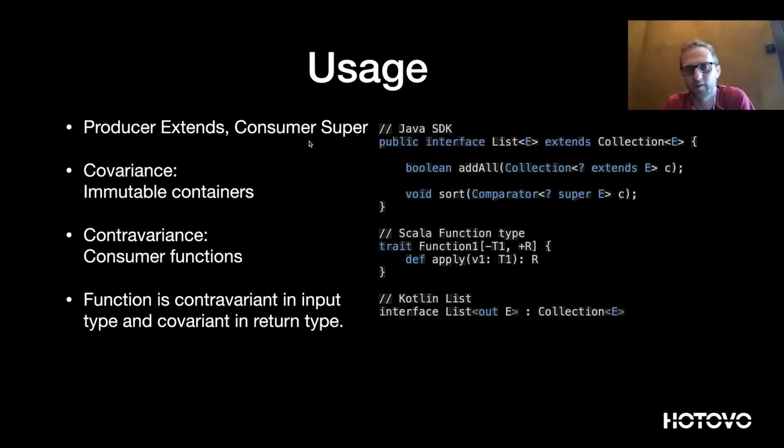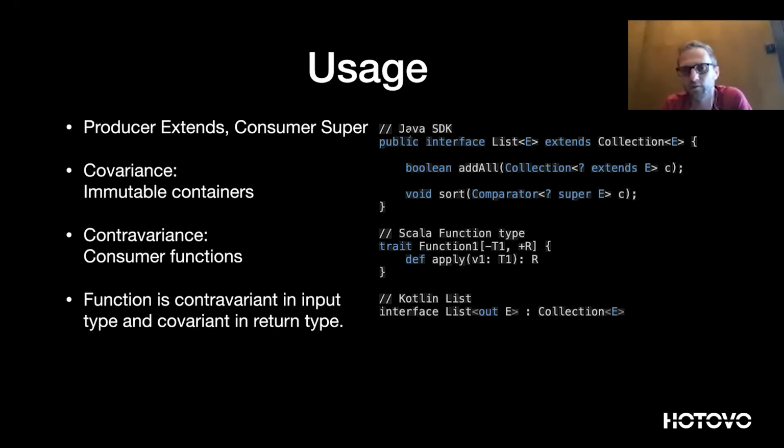On the other hand, if I have a consumer, something that accepts a type, then it's contravariant. As I said, covariance is used in immutable containers and contravariance in consumer functions. And this is the line that I mentioned, that a function is contravariant in input type and covariant in return type.